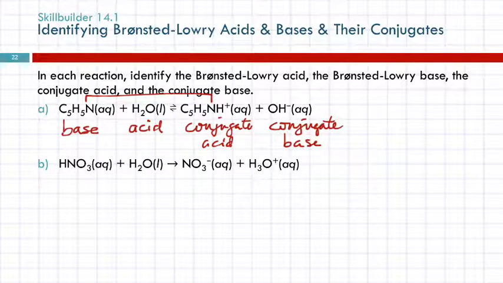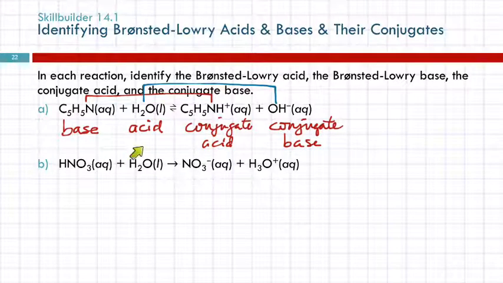Any questions? Wouldn't the H2O be associated with the OH because they were the one that lost it? Yeah, they are associated. So the H2O is associated with the OH minus.